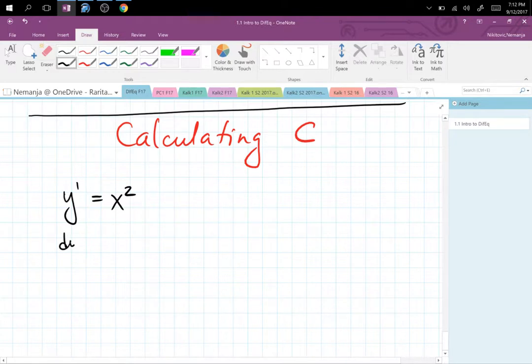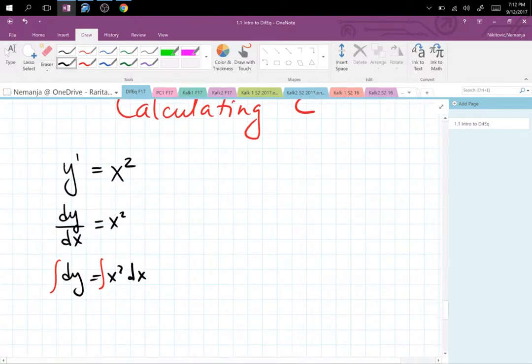We immediately write this as dy/dx = x squared. Separate variables to get x squared dx. Hit both sides with the integral and obtain y is equal to x cubed over 3, plus C.